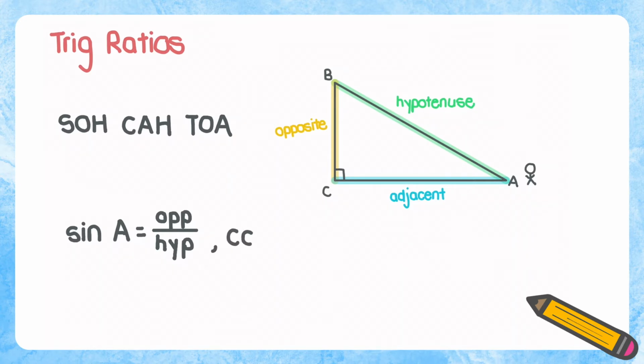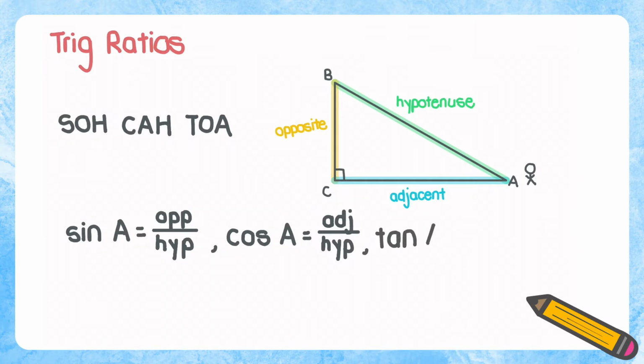And let's look at the second one. CAH tells us that the cosine of A equals the adjacent side over the hypotenuse. And then we have our last trig ratio.